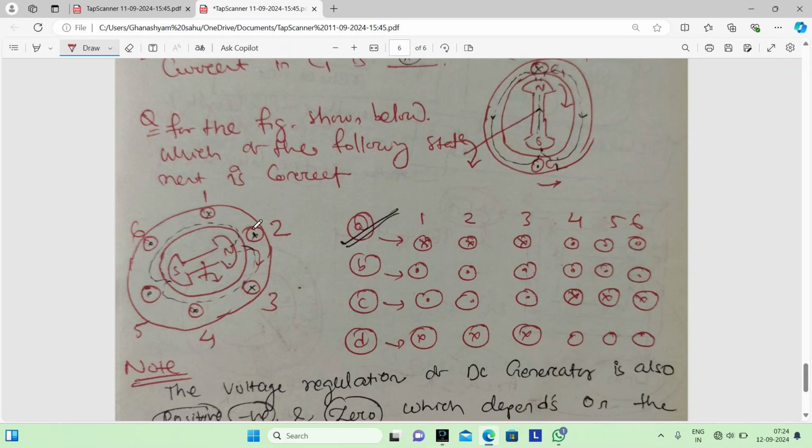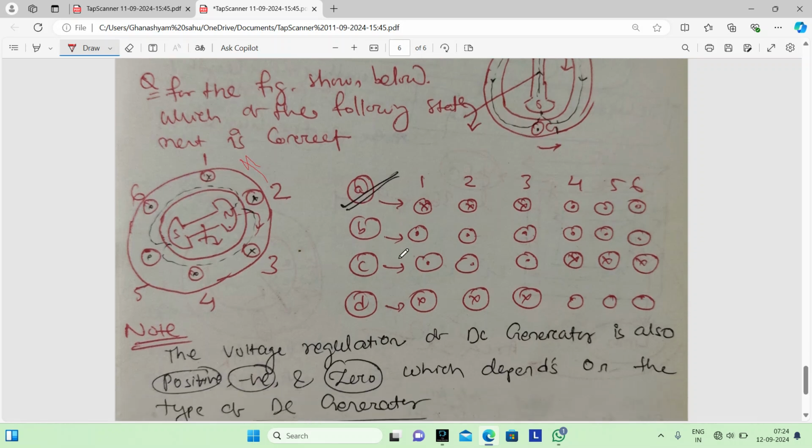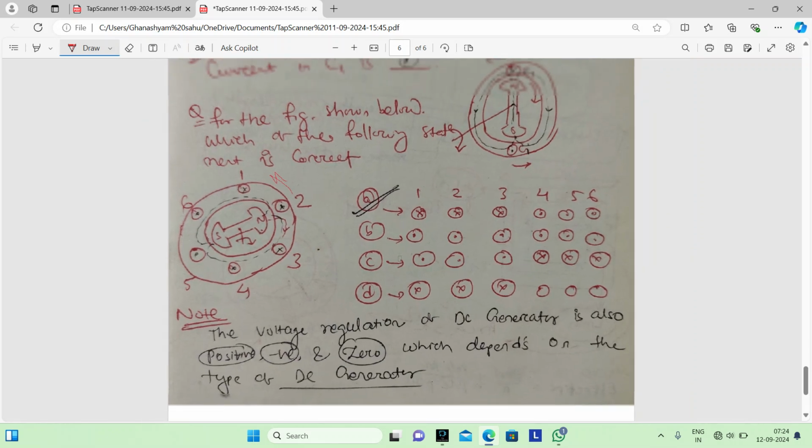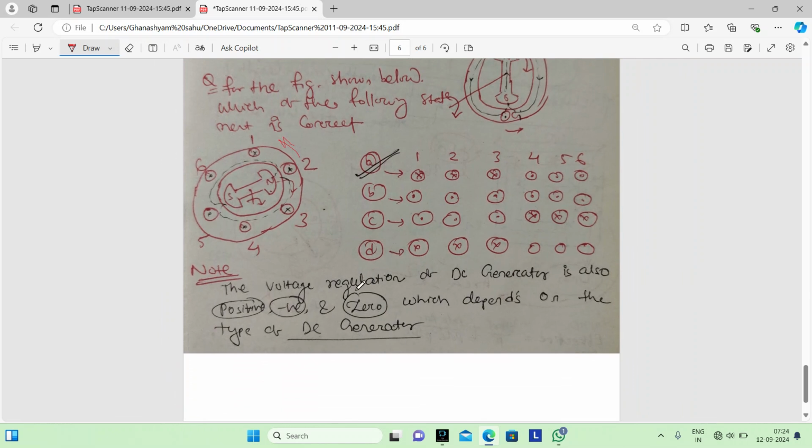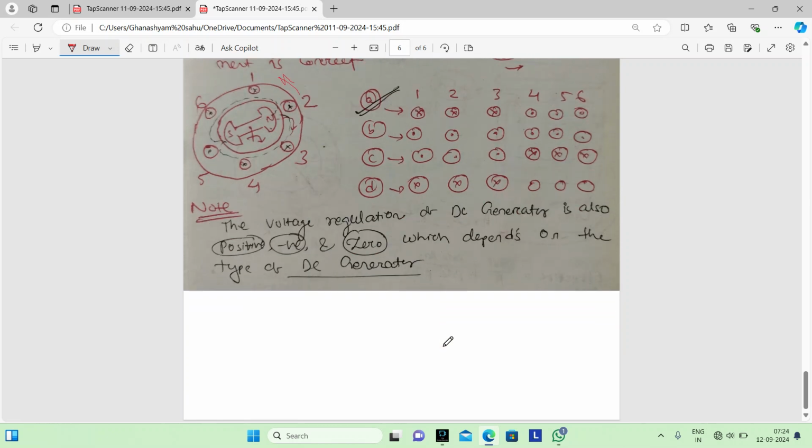The conductor will be moving in the opposite direction. If I put it like this, then we will find option A is correct. Okay, you have to do this. The voltage regulation of a DC generator is also positive, negative or zero, depending upon the type of DC generator.